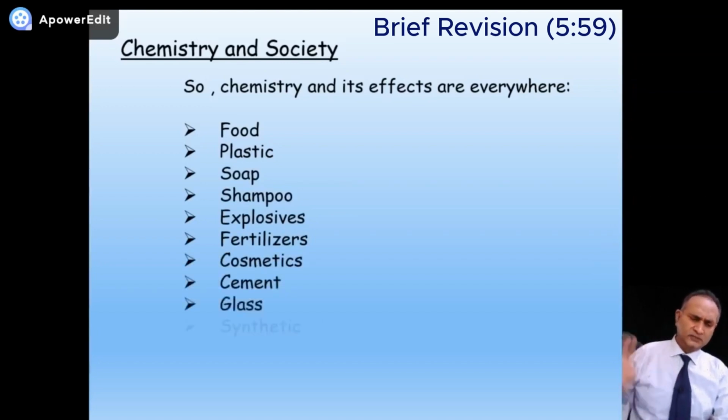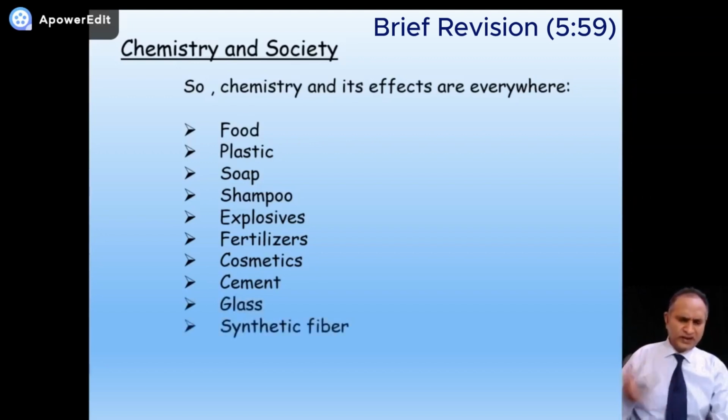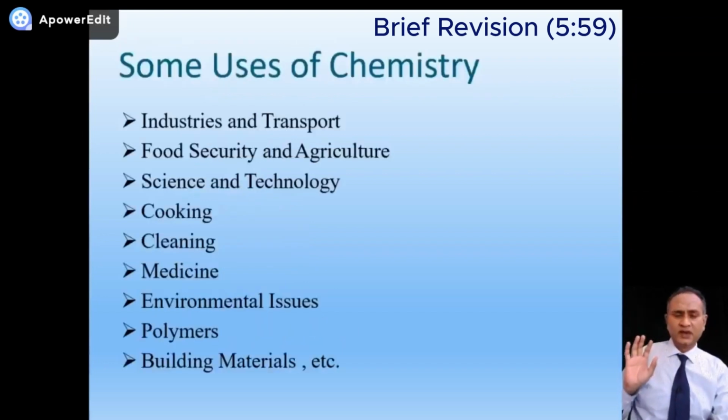There's shampoo, soap, fertilizer, cosmetics, cement, glass, this and that. All are products, blessings of chemistry, right? Similarly, chemistry is related with science and technology, cooking, cleaning, medicine, this and that. All this we have discussed.